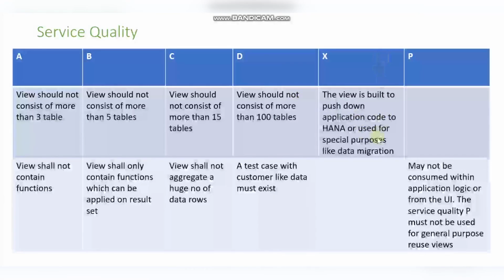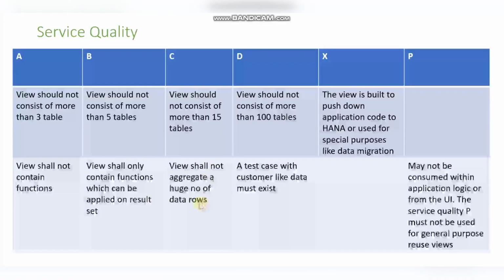And if you make it P, it will be able to push down the application code to HANA, and it will be mainly used for special purposes like data migration. If you make it A, the CDS view should not contain functions, though it can contain functions which can be applied on the result set.